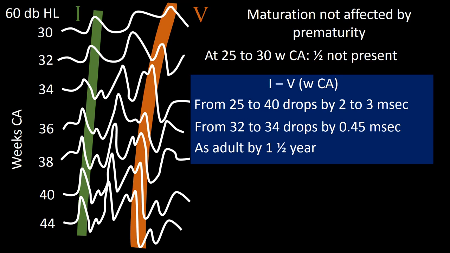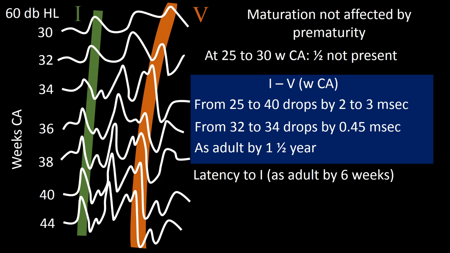The interpeak 1 to 5 interval, as we previously mentioned, drops 2 to 3 milliseconds from week 25 to week 40. Yet from 32 to 34 weeks, it dropped much faster than at any other time during this period. The 1 to 5 interval reaches adult value by a year and a half.